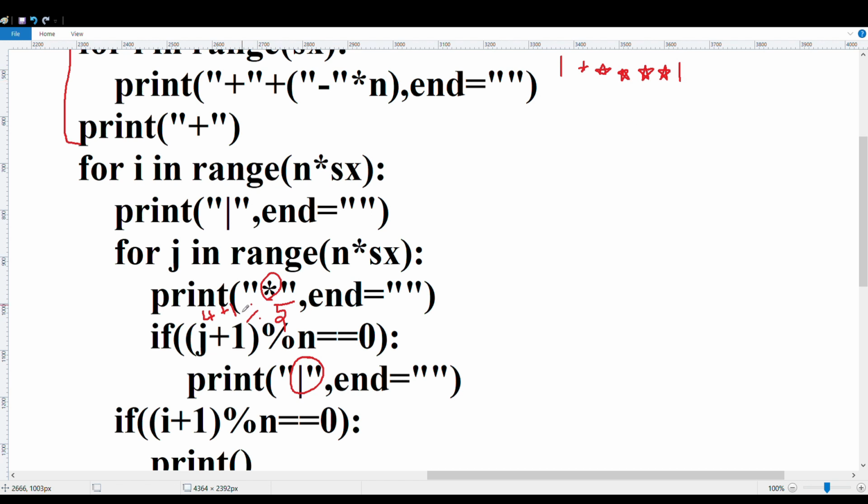Now after this the j loop will be over and you'll come out. Again you have to start with the pipe symbol. This will go up to n into xs times, so here it will be 5 into 1, so 5 times it will go. We'll just have a visual.